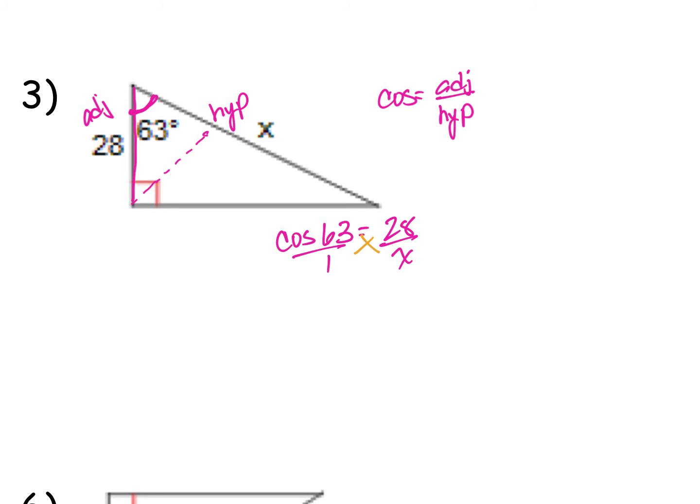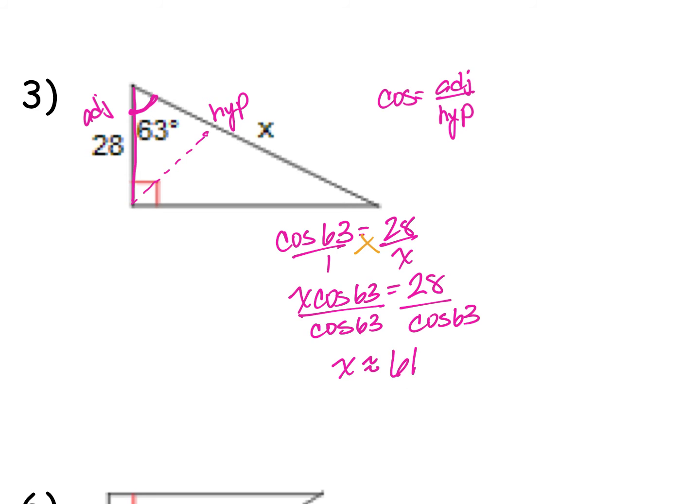Cross multiply, and I get x cosine of 63 equals 28, and then divide by cosine 63. And x is approximately going to be equal to 28 divided by cosine of 63, which is 61.7.